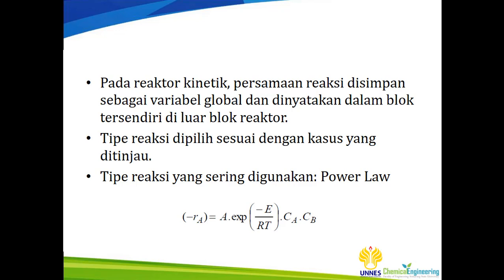If you add an equilibrium reactor, then in the R equil you have to specify the reaction. However, in the kinetic reactor, such as our plug, our CSTR, and our batch, the reaction is separated from the reactor block. You have to specify the reaction itself outside the reactor block.